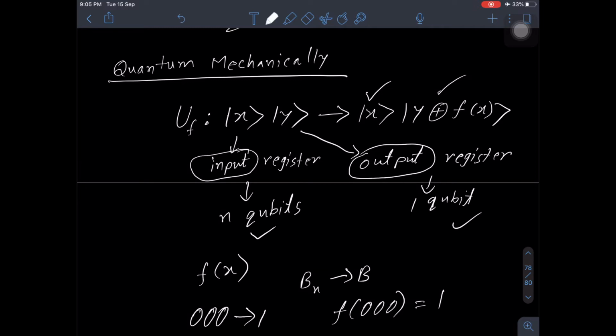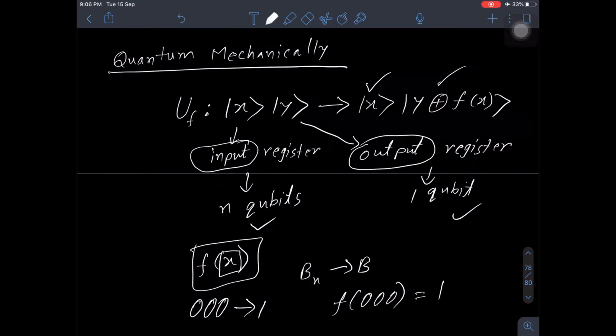Okay, so this is the n-bit string, but f of x is a 1-bit string. It's one bit. Okay, and it depends on the map f or U, whatever you call it. U is a quantum mechanical oracle, and f is the function that we are trying to determine whether it's a constant or a balanced function.